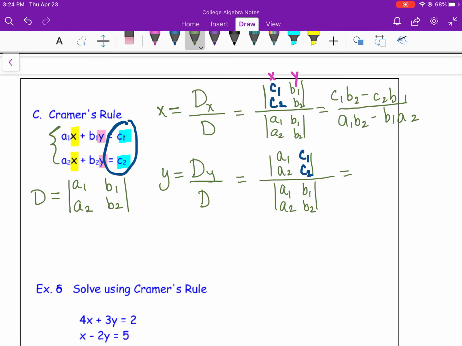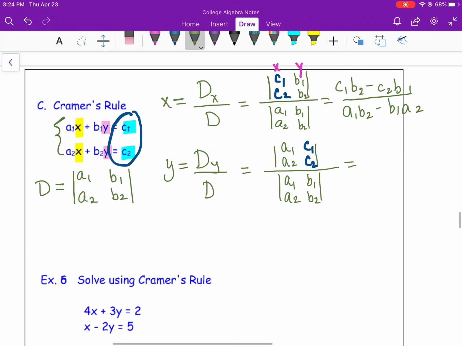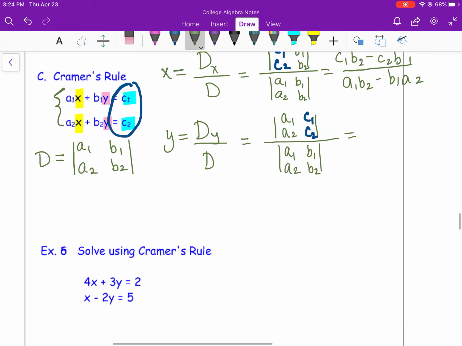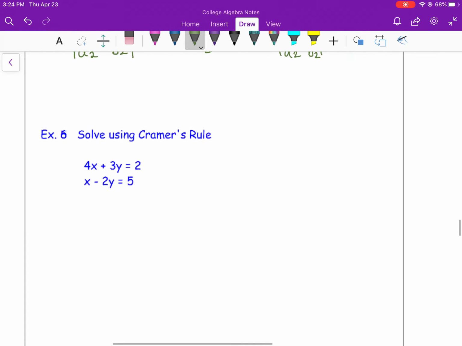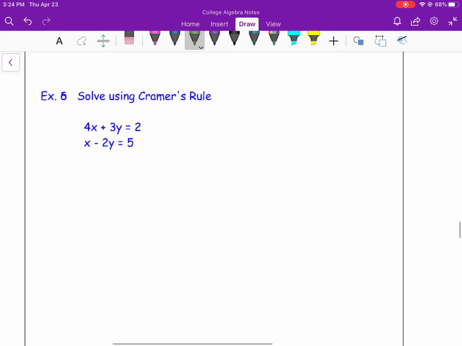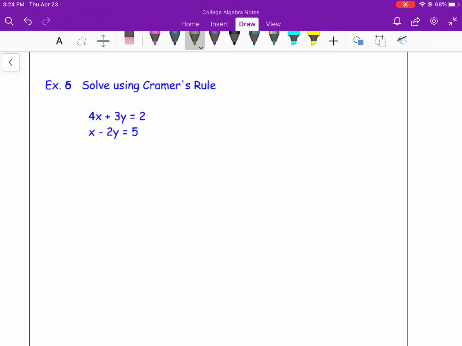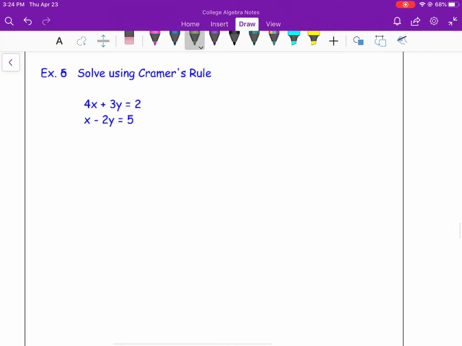So it's easier to understand what to do here if we just apply it to a problem. If the problem says to solve using Cramer's rule, I have to do it that way. I can't do substitution, I can't do elimination. However, you can always follow up with one of those two methods to check your answer.